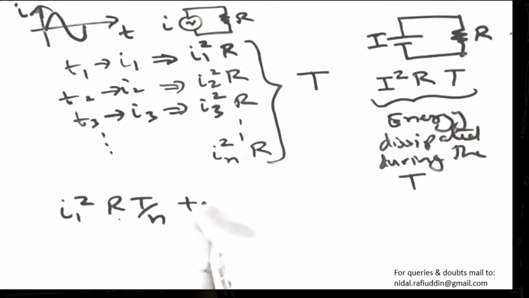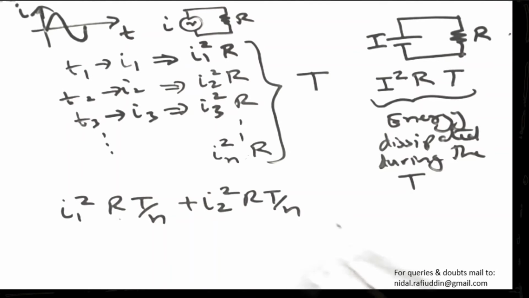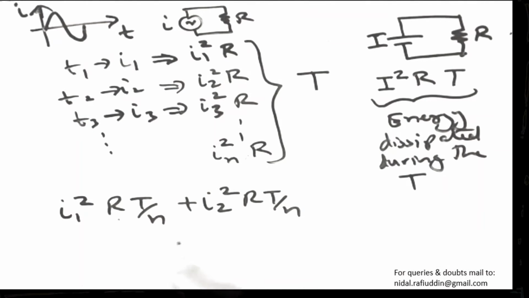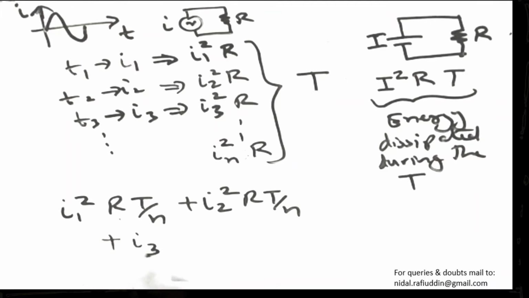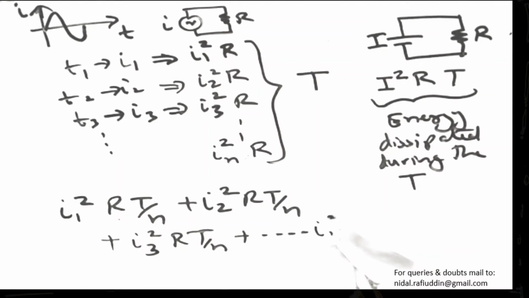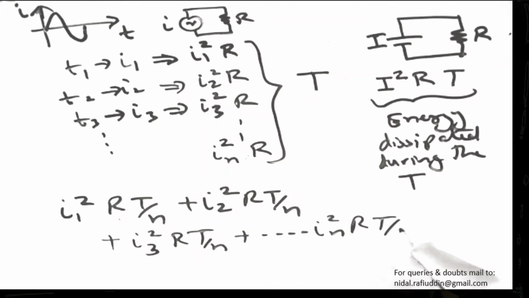The second instantaneous value dissipates energy I2 square R T by n, then I3 square R T by n, and so on up till IN square R T divided by n.